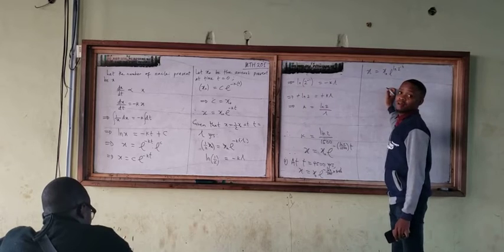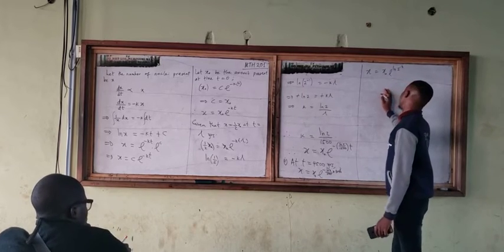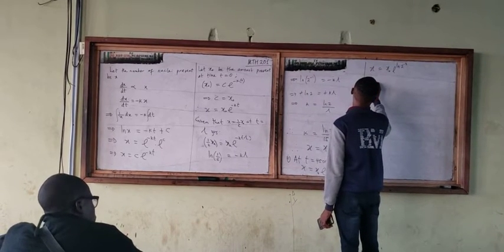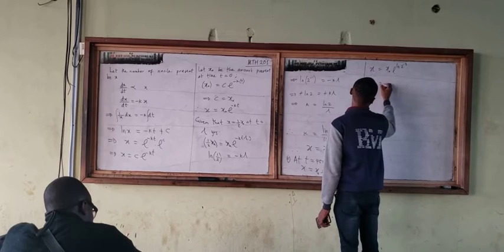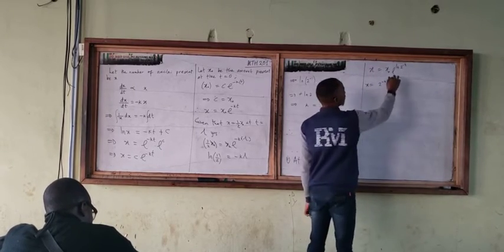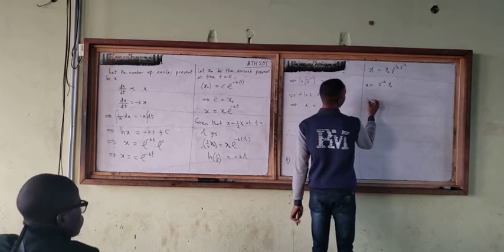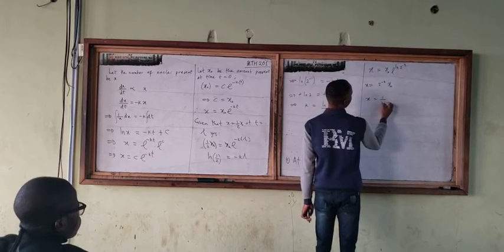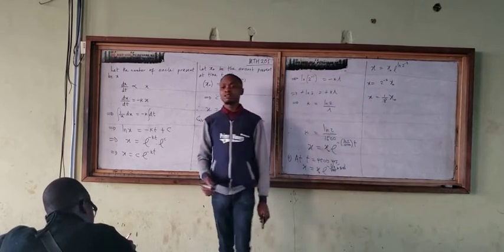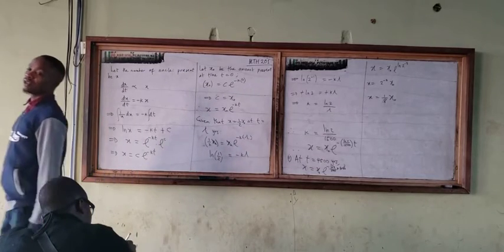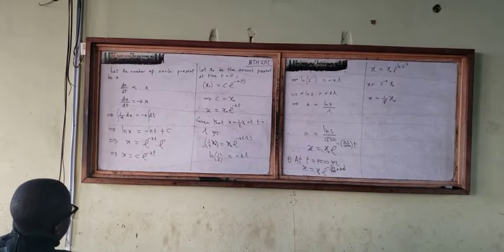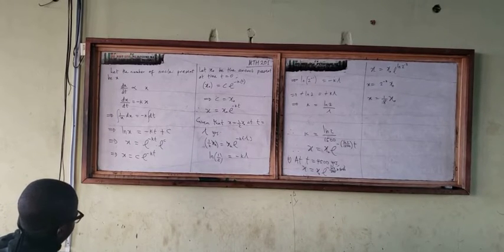So x is equal to 2 raised to the power minus 3 of x naught. Because the e raised to the power and the ln cancel out, x is equal to 1/8 x naught. So you only have 1/8 of the original quantity present after 4,500 years. Is it clear? Does it make sense?